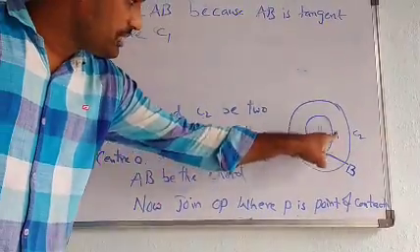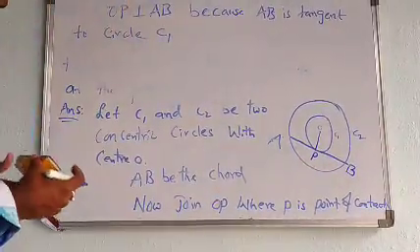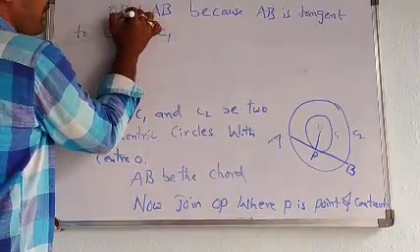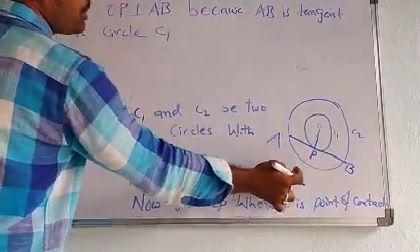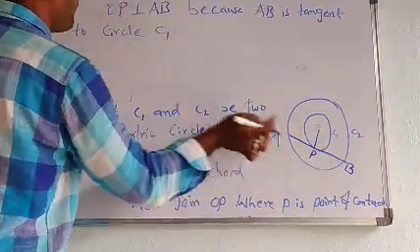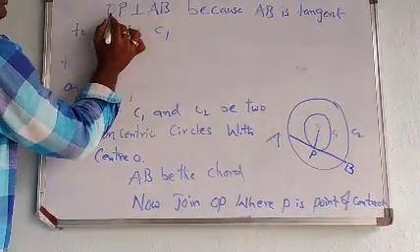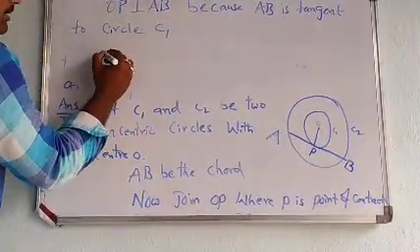If you observe circle C1, what is the tangent for that? AB is the tangent. So P is the point of contact. According to the theorem we already learned, whenever a tangent touches, the radius will be perpendicular to the tangent. So OP is perpendicular to AB.